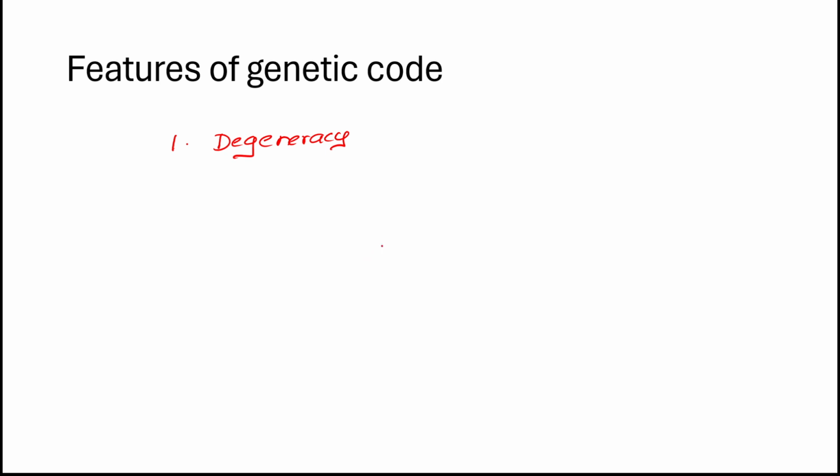But there is another criterion that we would like to discuss along with this, which is the uni-ambiguous nature of the genetic code. Now, in the degeneracy, what you would see is multiple codons for amino acids.